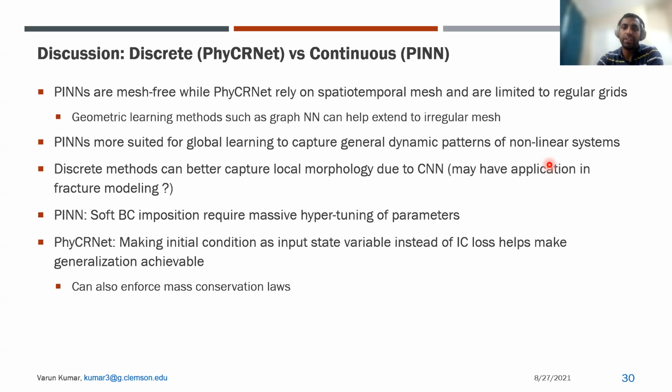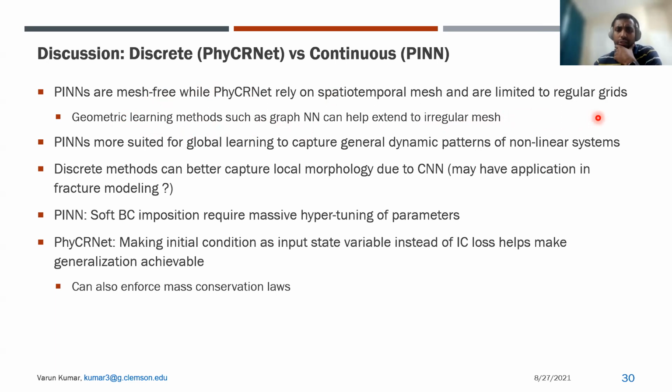To overcome that limitation, the authors have proposed that geometric learning methods such as graph neural networks can be used to extend to irregular meshes. But this seems like a future research opportunity if someone wants to look into PhyCRNet and extend it to irregular meshes.